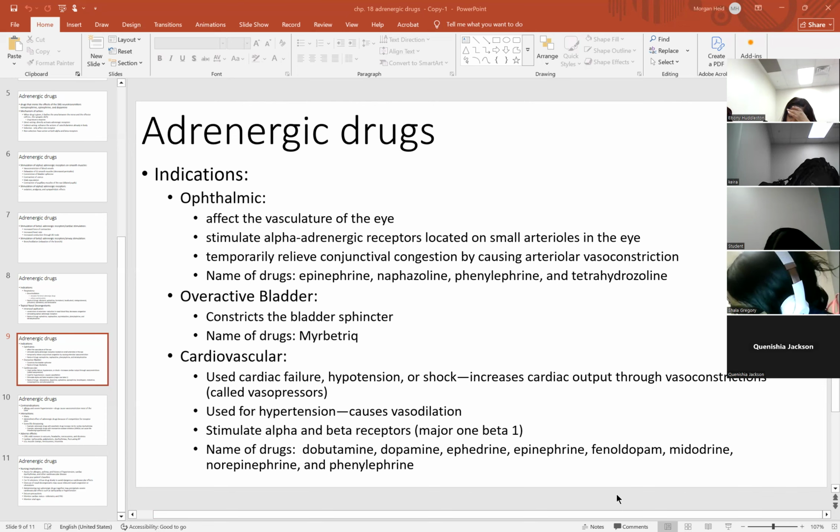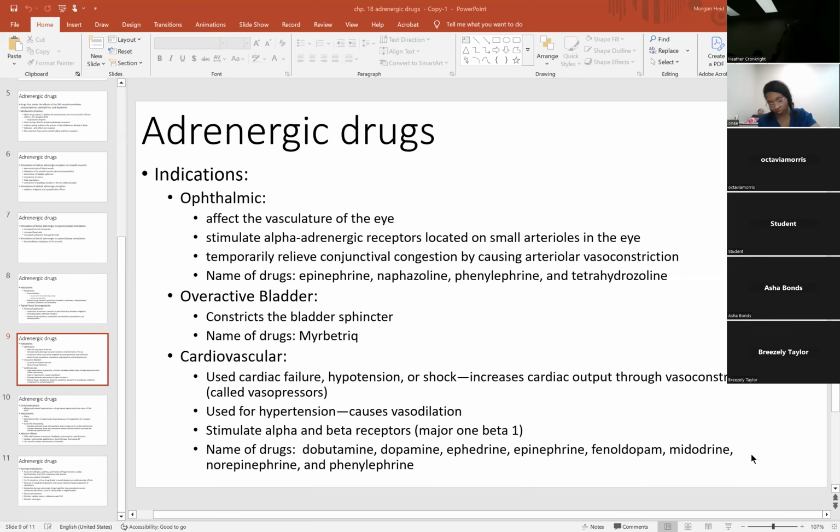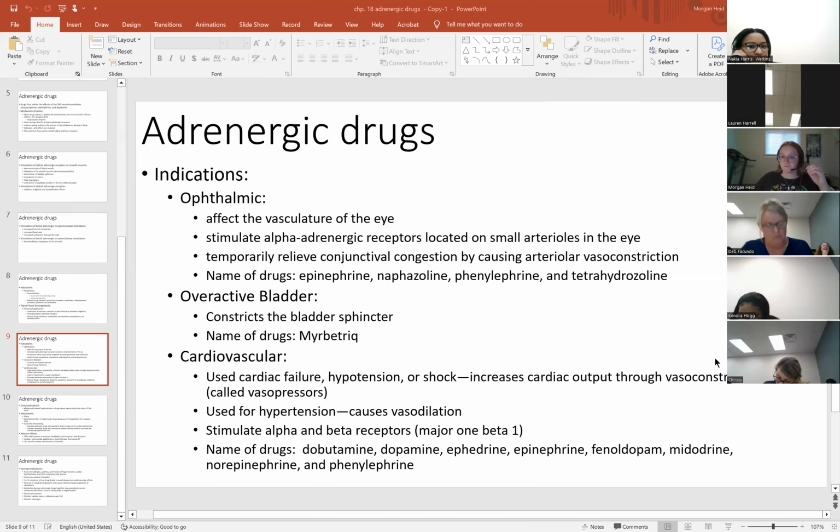There are muscles on there, so I can control those through the sympathetic alpha receptors. So I'm either targeting the heart itself or the blood vessels, depending on what I want to work on to cause this vasoconstriction. Questions about that?